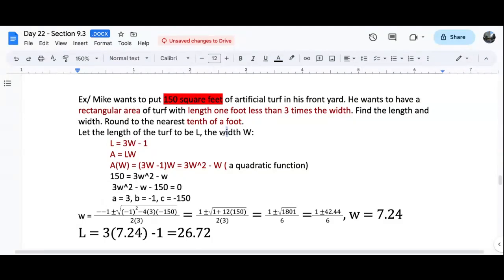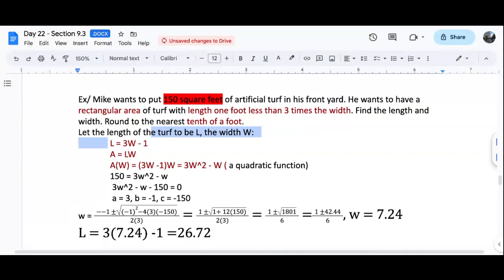So let's use W to represent the width of the rectangle and L to represent the length. The length is 1 foot less than, so something minus 1. What's the something? 3 times the width, 3W. So L equals 3W minus 1.